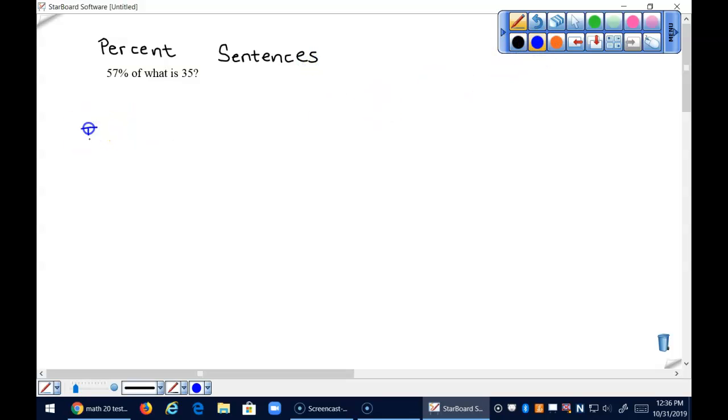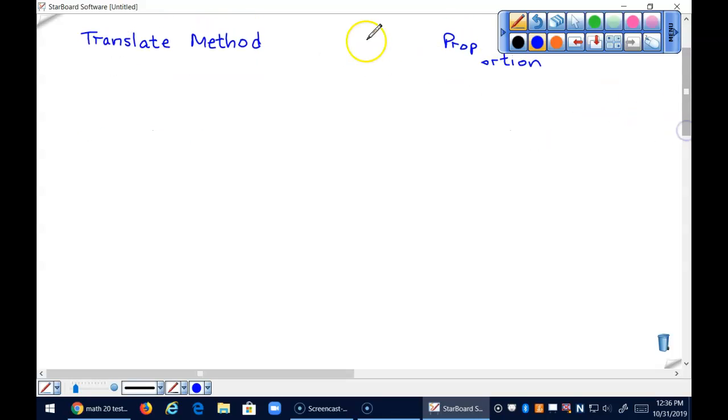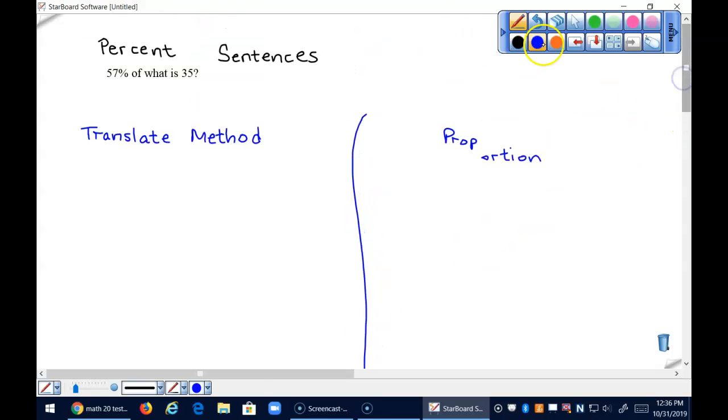So there was a translate way. And there was a proportion way, and then there was the other way that we're not quite ready to do. Oops, why did it jump like that?